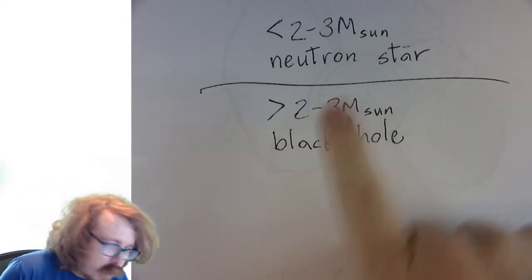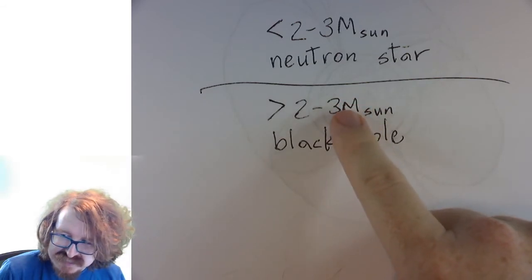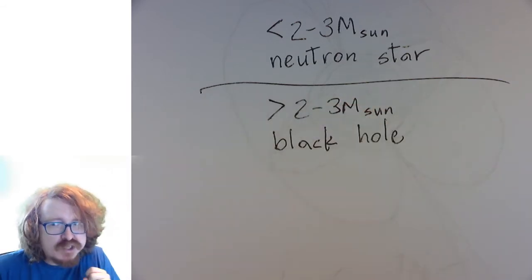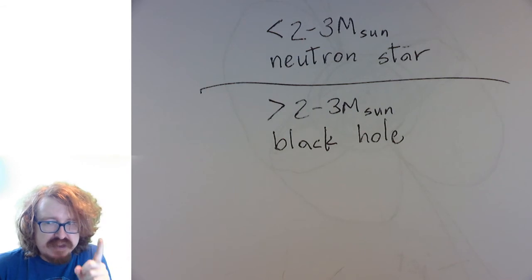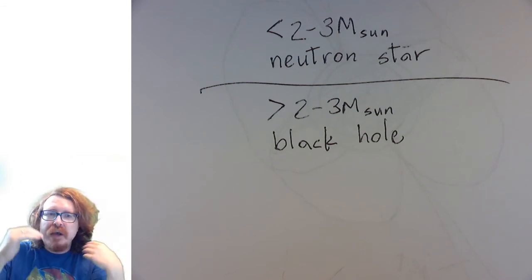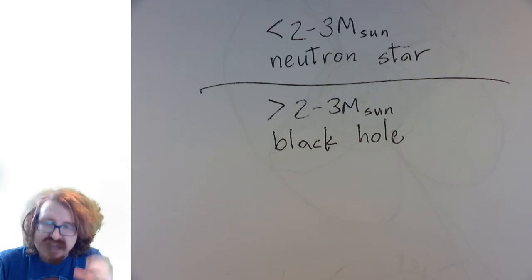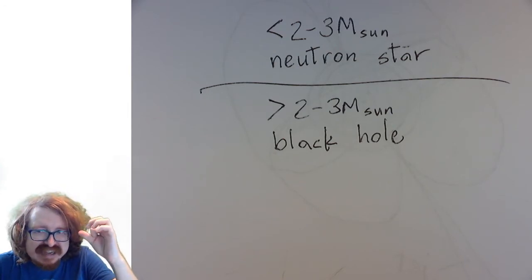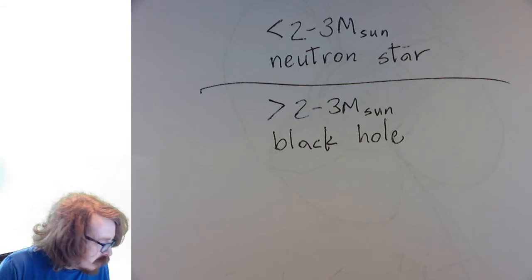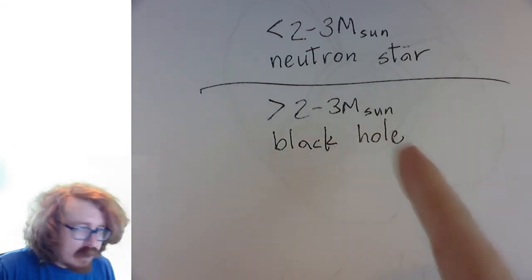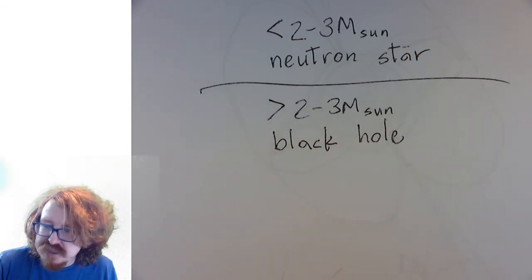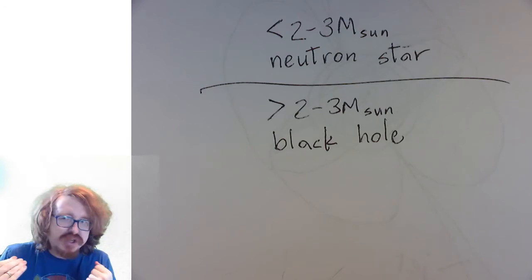But if you have more than 2 to 3 solar masses in that dead star, then gravity is stronger than the degenerate neutrons. And so even the neutrons can't fight back. And so this thing crushes even tighter. But the problem here is that now this object is going to have so much gravity.